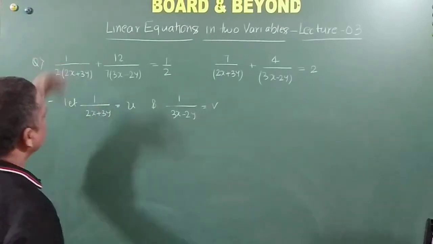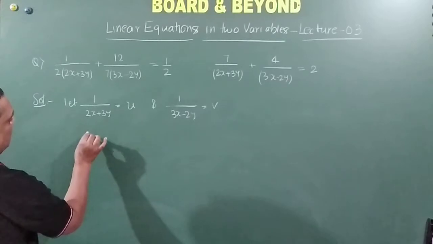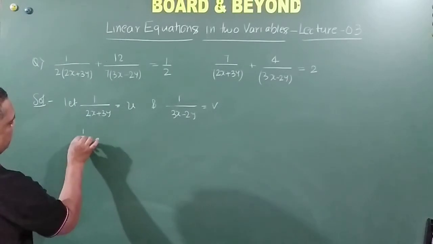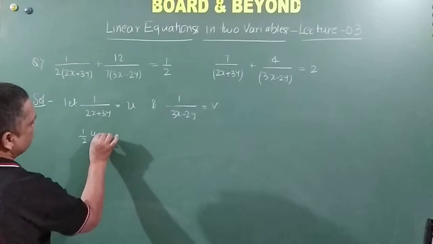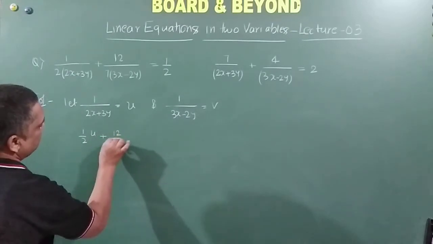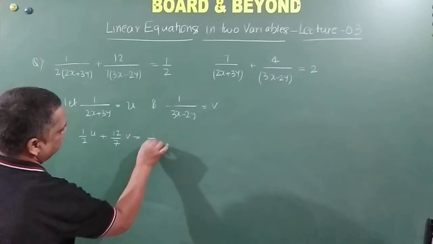So this equation reduces to 1 by 2 into u plus 12 by 7 into v is equal to half.